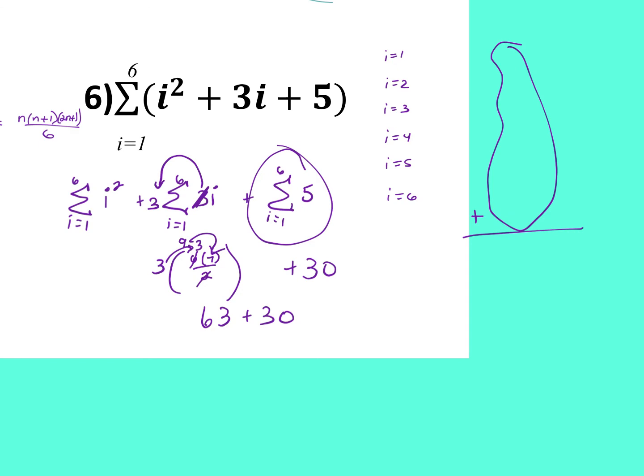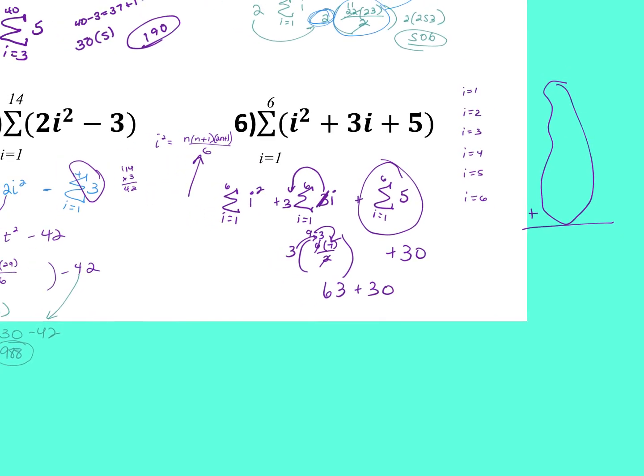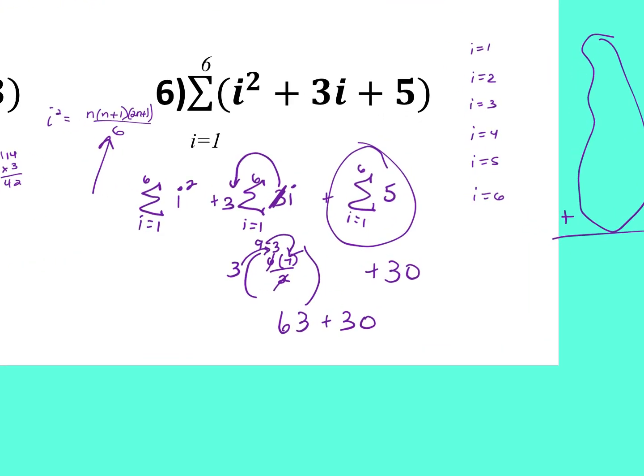And then the squared is n times n plus 1 times 2n plus 1 divided by 6. Times 7, times 2 times 6, that's 12 plus 1, that's 13 over 6. These cancel, and that's 91. And then 93 plus 91 is 184.